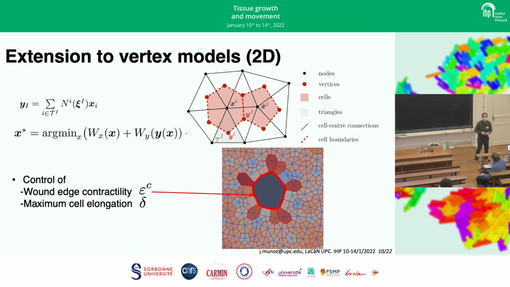Okay, so it's just the ring around each... Around the wound. There is a contractility, so the recoil is due to the elastic state. There is an epsilon c, and on the tissue there is an epsilon c homogeneous everywhere.